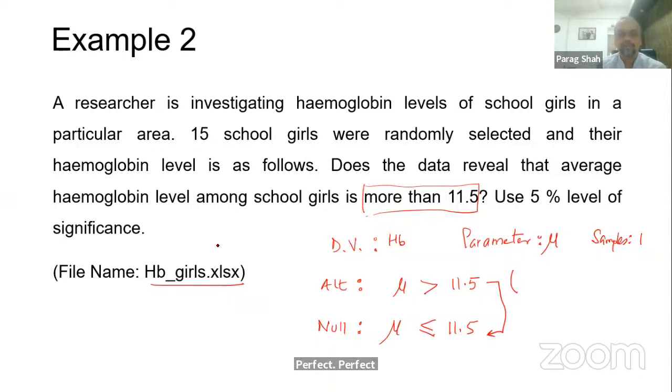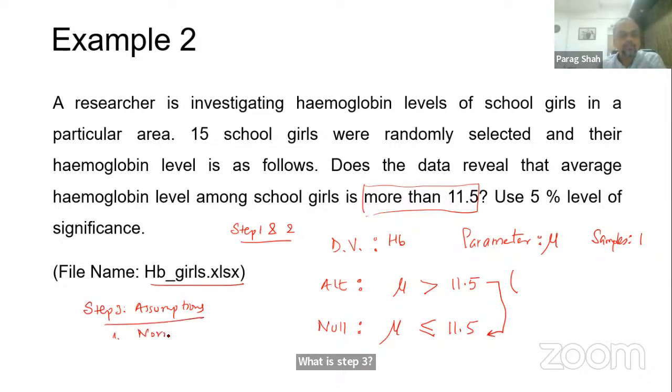Now, step 1 and 2 is done. What is step 3? Assumption. What are the assumptions? One is normality.